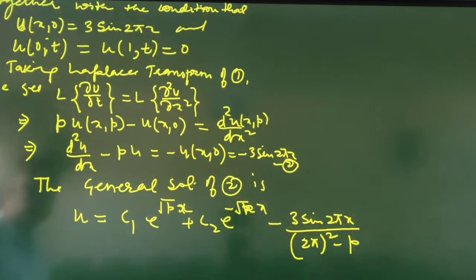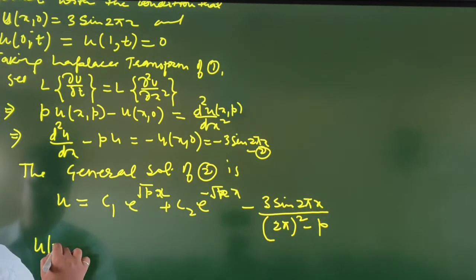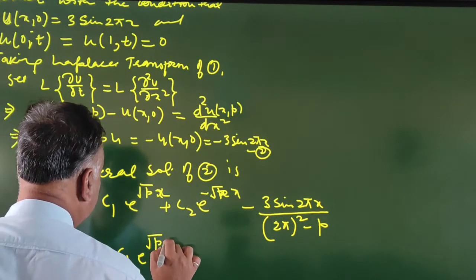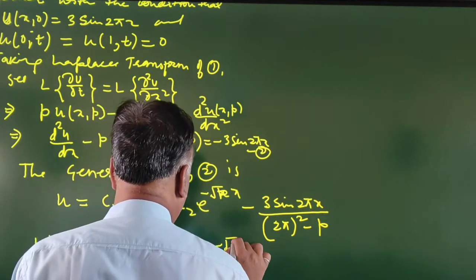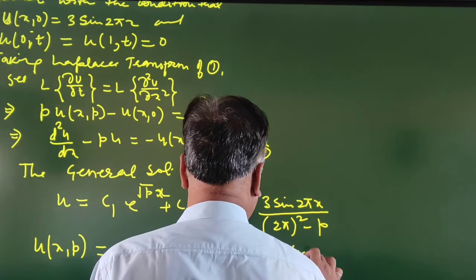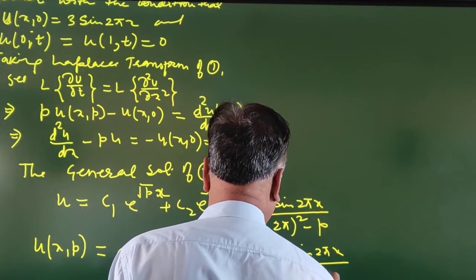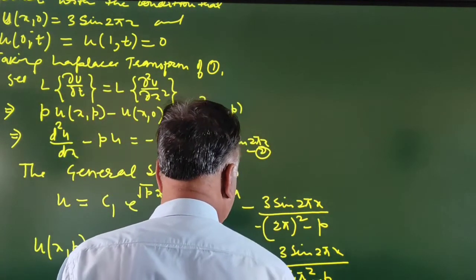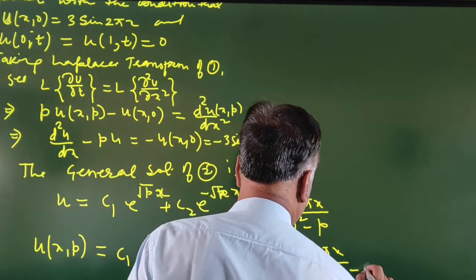So we get the solution ū(x,p) = C1 e^(√p x) + C2 e^(−√p x) minus 3 sin 2πx upon (−4π² − p), taking the minus sign out, so this becomes plus. Call this equation 3.